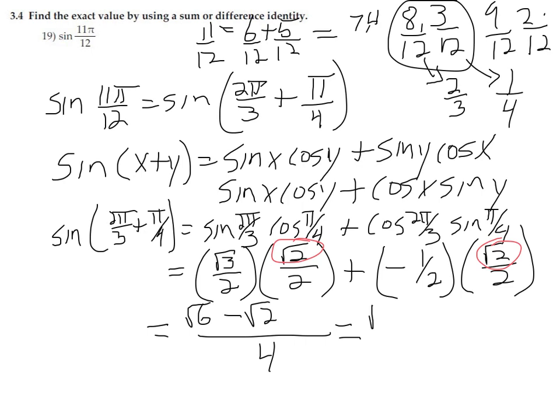You can actually factor out the square root of 2. Now what this leaves is square root of 3 minus 1. This is how the key looks. It doesn't really matter, they're both fine. The square root of 6 minus square root of 2 over 4, and the square root of 2 times square root of 3 minus 1 over 4.